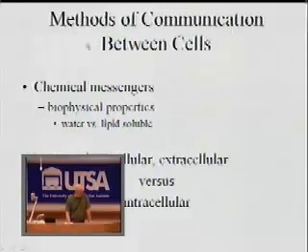So how do cells communicate with each other? They're using chemical messengers, as we know. They have biophysical properties. They're either going to be water soluble or lipid soluble. Our cursory discussion of the cytoplasmic membrane included the statement that the lipid soluble chemical messengers can diffuse through the lipid bilayer of the membrane and seek out its receptor inside the cell.